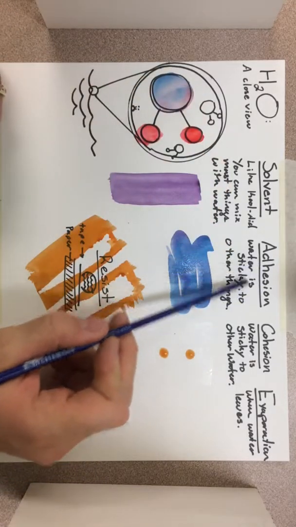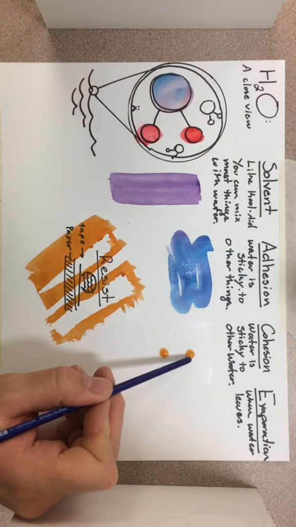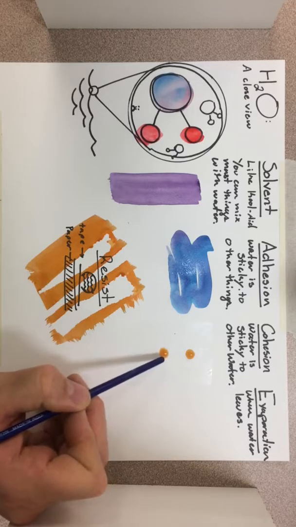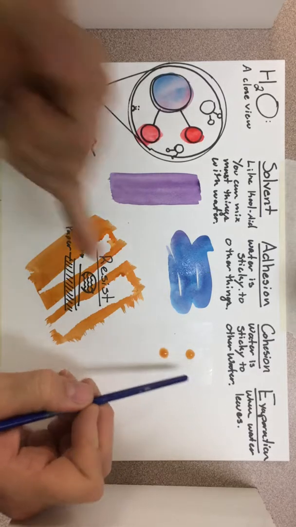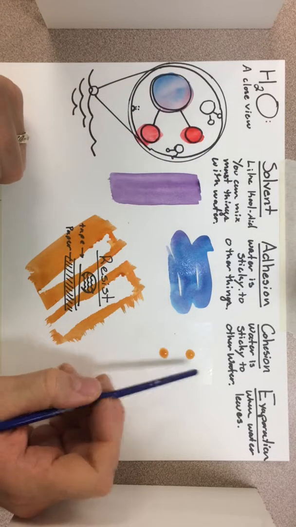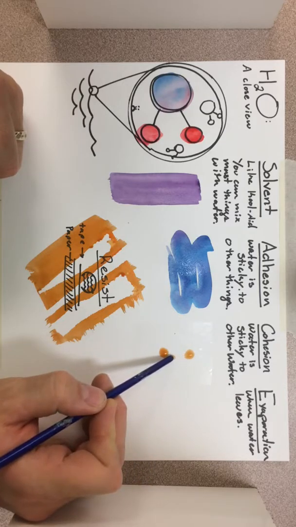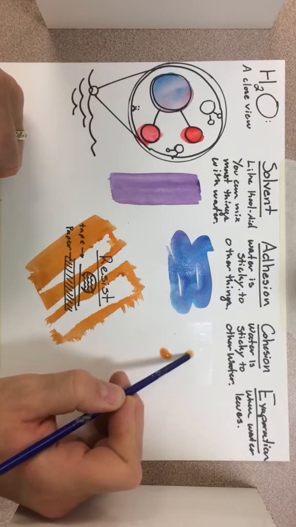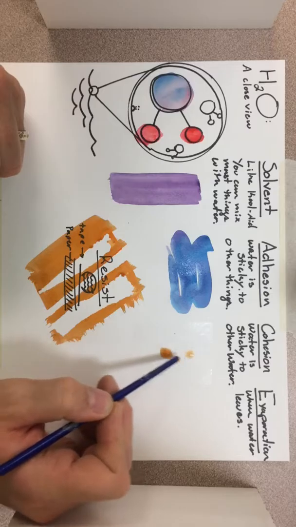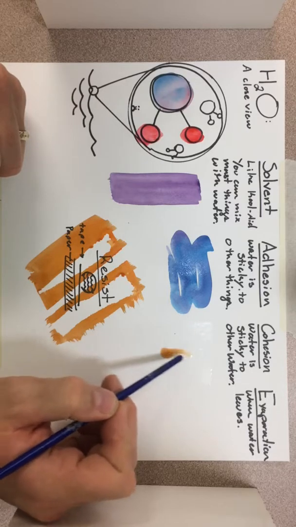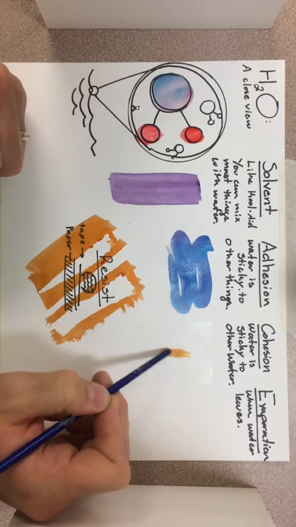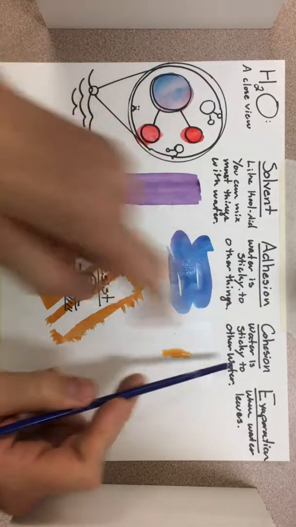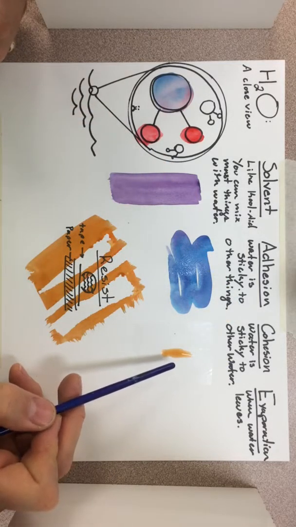I'm going to use the adhesion property of water by touching the brush to it, pulling it towards the other drop of water, and these two drops of water should make one drop of water. Come on, little drops of water. Look at that. I'm cohesioning the water together, because water is sticky to other water.